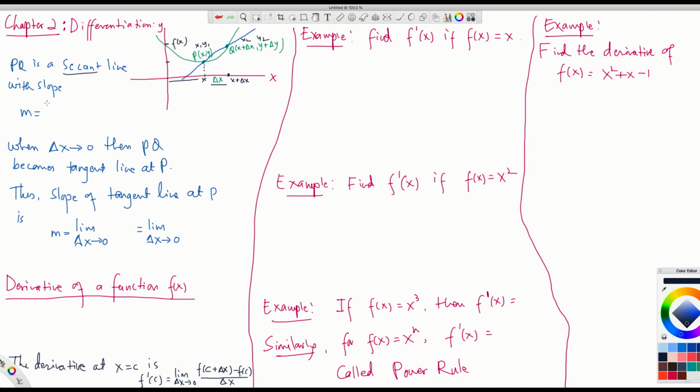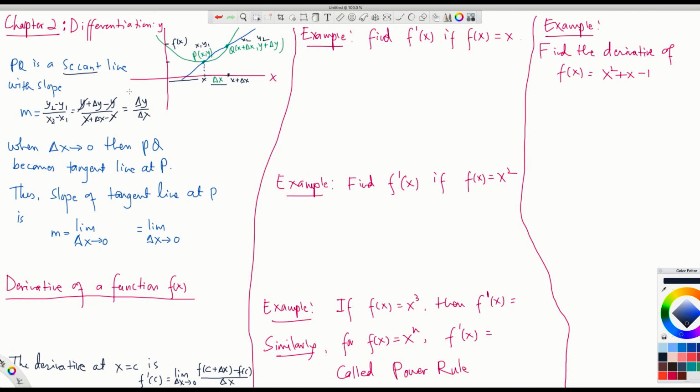So you do y2 minus y1 over x2 minus x1. What is y2 minus y1? It is y plus delta y minus y, which is just delta y, over x plus delta x minus x. You cancel out the y and negative y, and positive x and negative x. So what do you get? You get delta y over delta x.